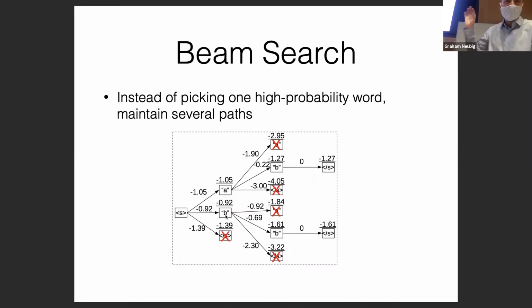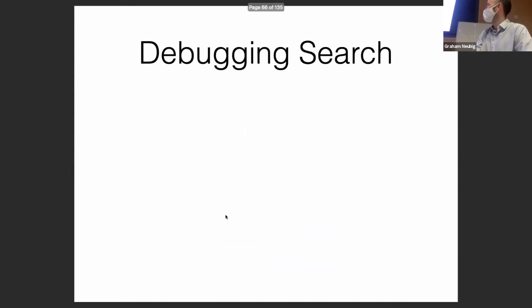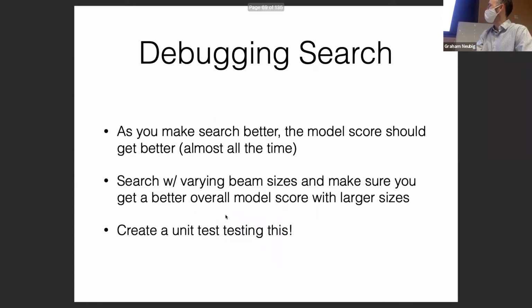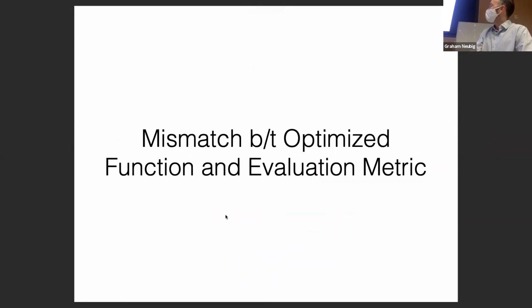Okay, sorry, I don't have a good example, and I'm not going to spend lots of time doing that. So just trust me. It won't happen all the time, but you can get a better scoring output with a smaller beam. Okay. So any questions about that?